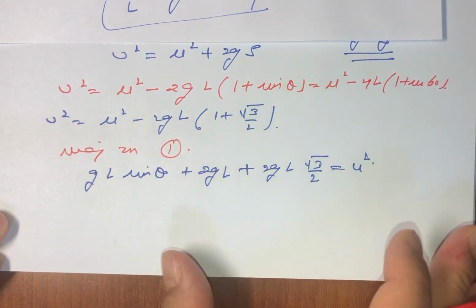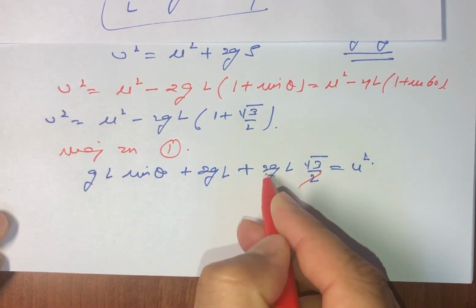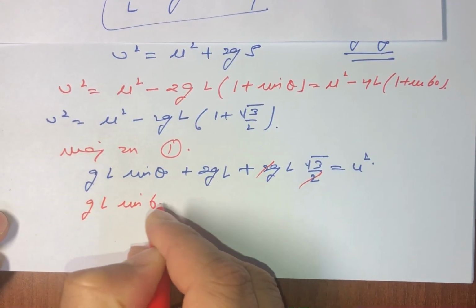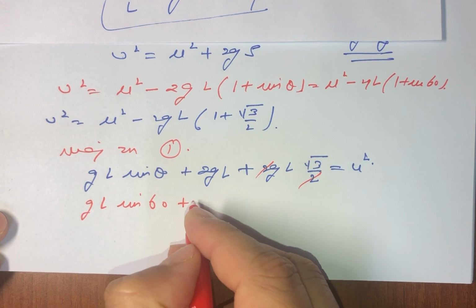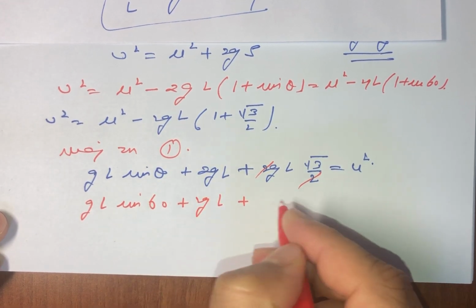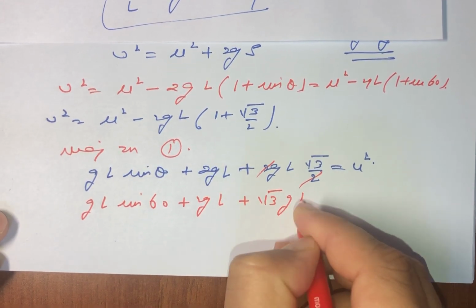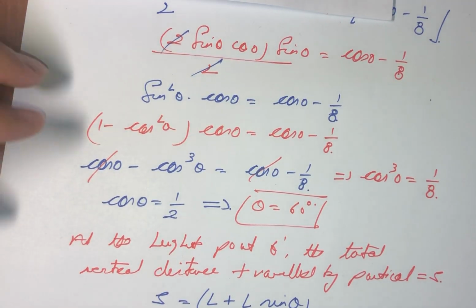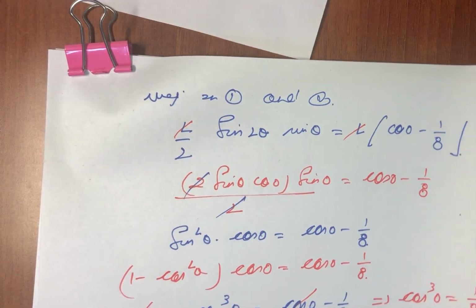And this 2 and 2 cancel out, we get gL sine 60 plus 2gL plus root 3 gL is equal to u square. And finally, we can write this taking gL common.